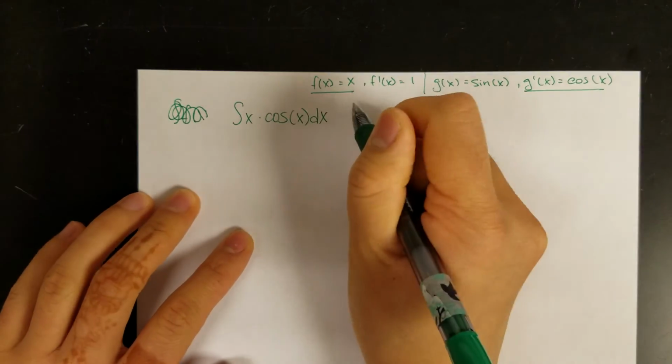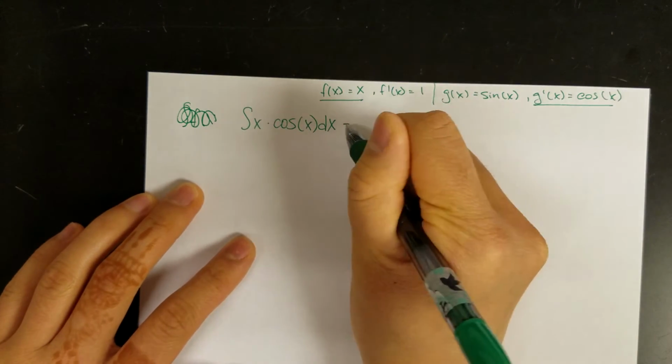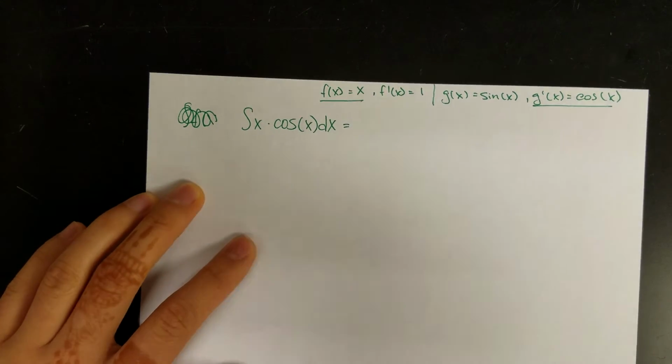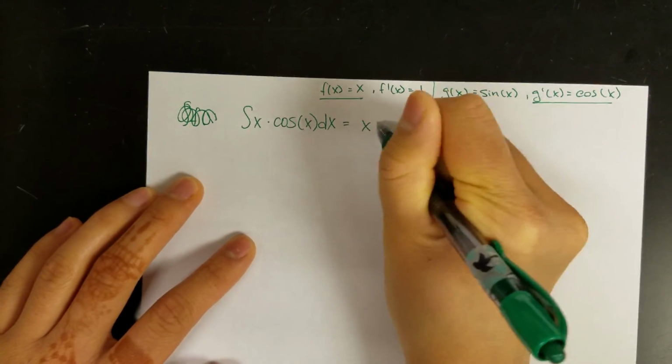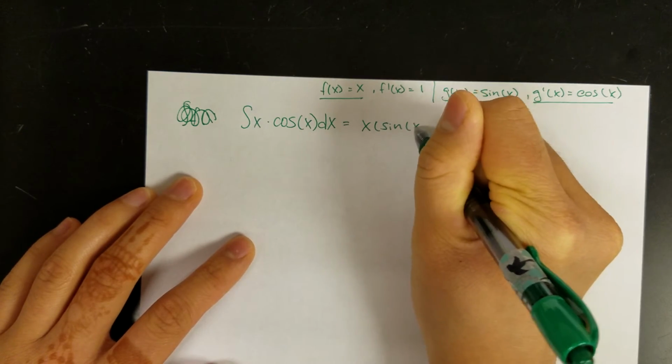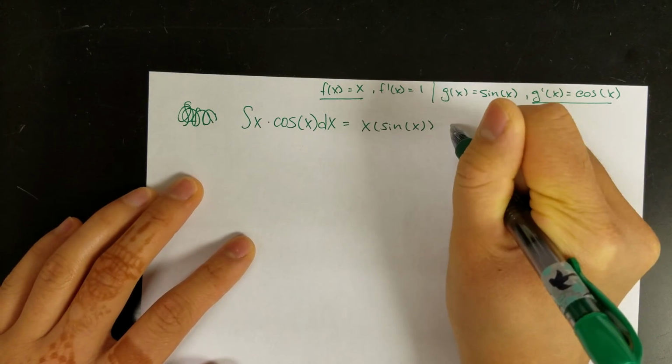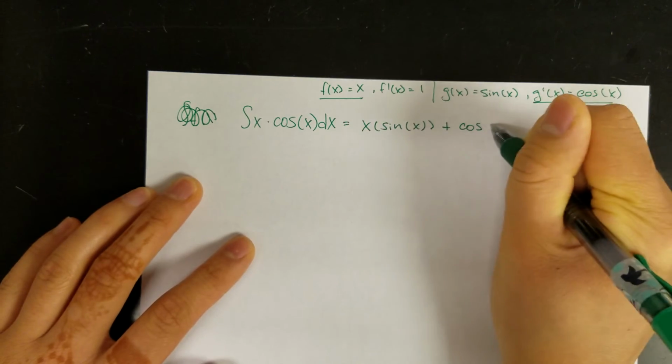And so that ends up giving us, I'm not necessarily going to do all the math since we've seen it already, but that gives us the whole x cosine of x.